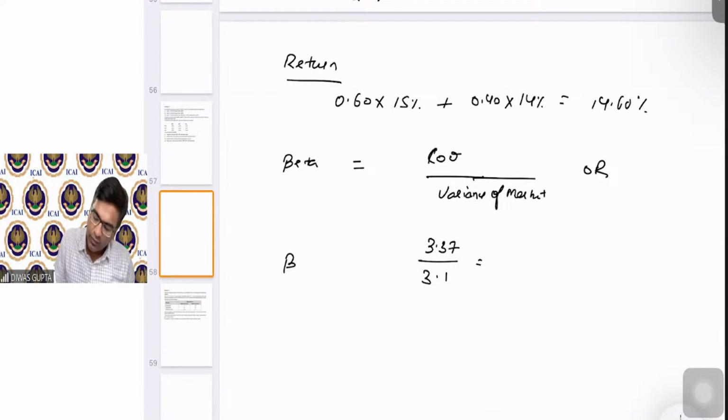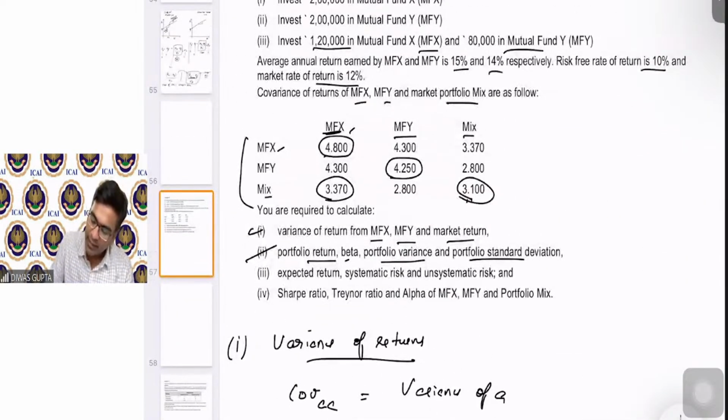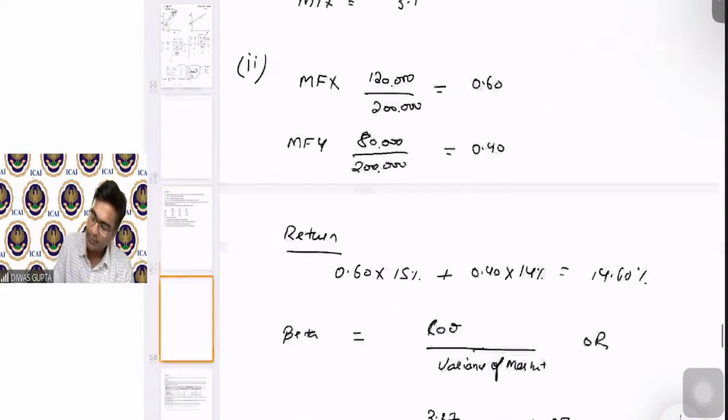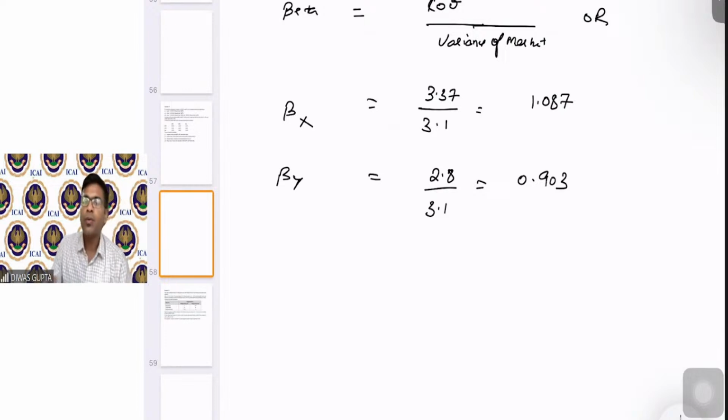So beta for X is equal to, and similarly beta for Y, for Y and market, it's actually 2.8. This is 0.903.